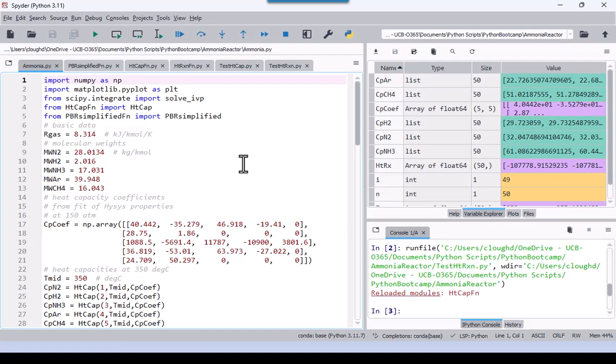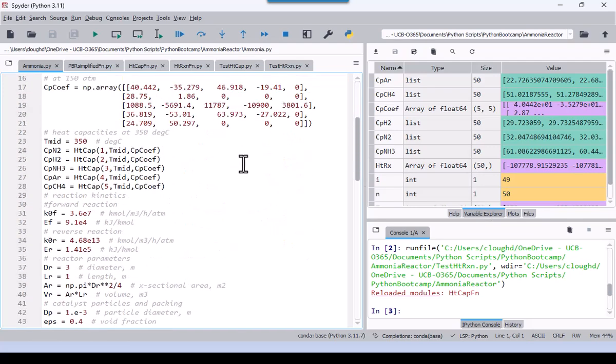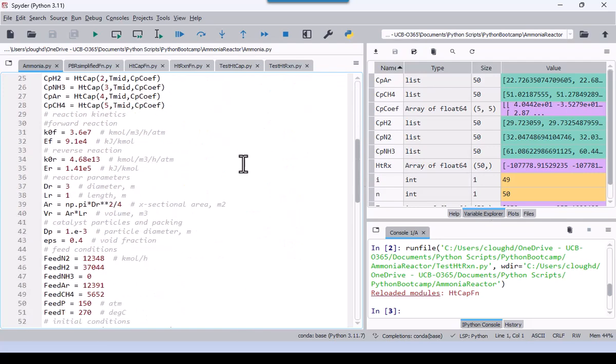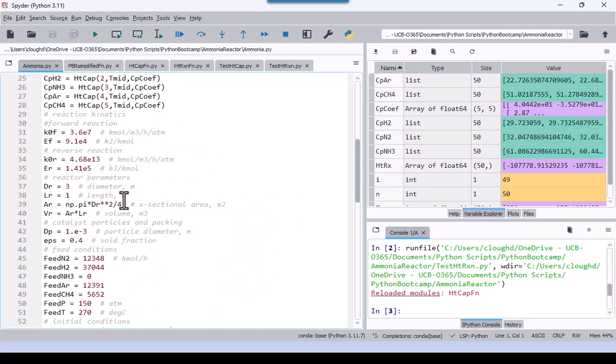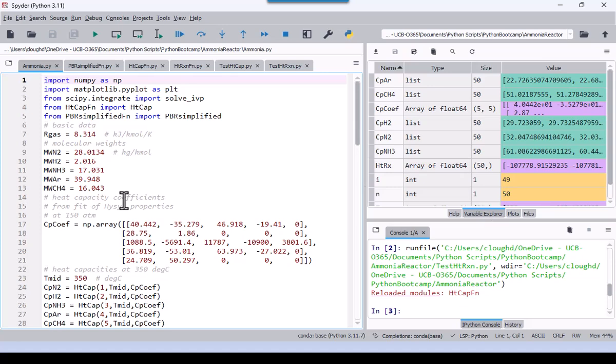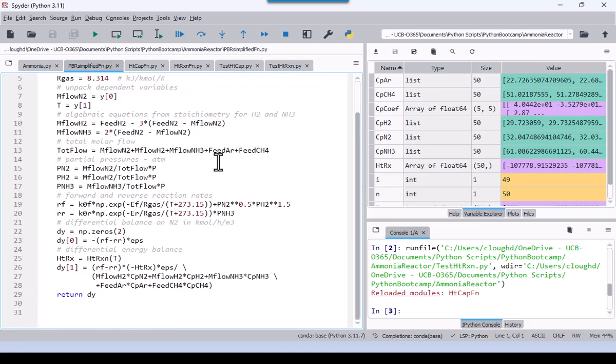But you are not going to be able to single step through the solve IVP routine that it would make any sense to you. So one of the ways that we suggest of checking things out is to go to your routine that computes the derivatives and to put in a breakpoint at the last statement there.